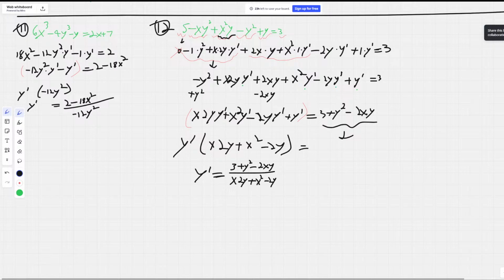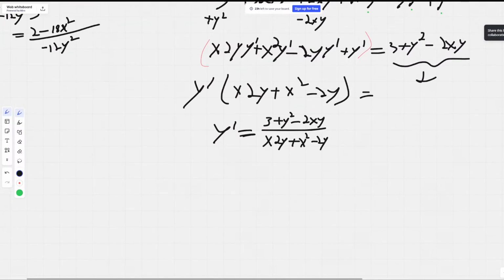Y prime, x squared y prime minus 2y y prime plus y prime equals 3. Squish it all back together to make it a little bit simpler. Negative y squared plus x 2y y prime plus 2xy plus x squared y prime minus 2y y prime plus y prime equals 3. That's a lot of prime.